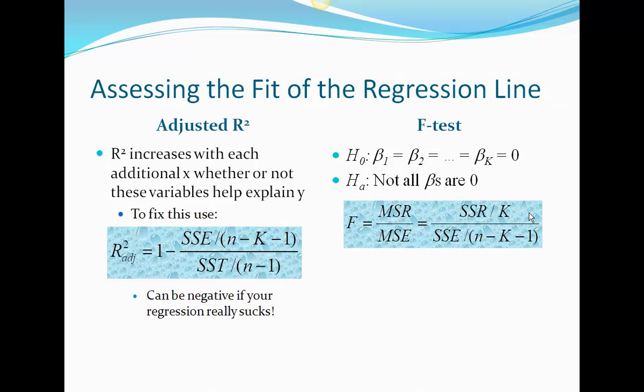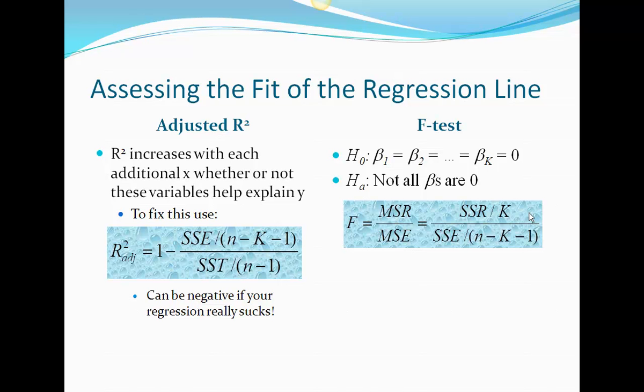But every time you add another independent variable, even if that independent variable is not statistically significant, even if you have no reason to believe that it would have any impact on your dependent variable, R squared is still going to go up automatically just because you've added it. So the adjusted R squared takes away that artificial inflation.